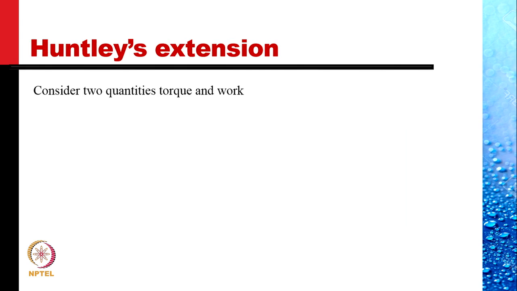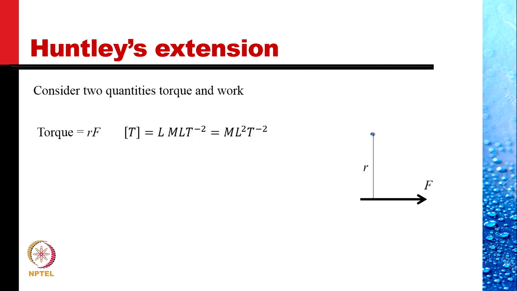So these two areas are of different kinds altogether. Again, consider two quantities, torque and work. A force F at a distance r from a point. The dimension of torque are L, the dimension of r, and m L t minus 2, the dimension of force, to give you m L squared t raised to power minus 2.